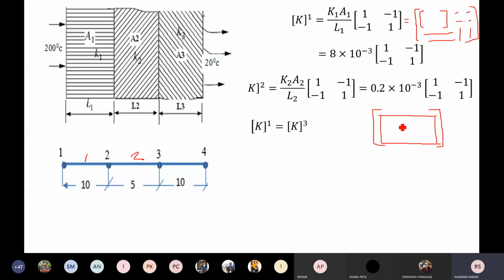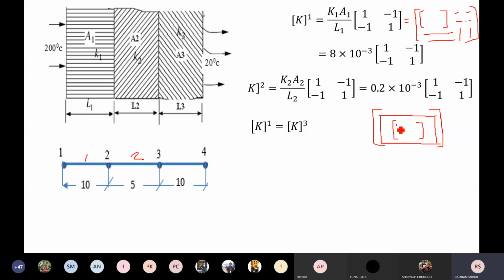Okay, and the non-zero terms in the continuity matrix are only at 2 2, 2 3, because node number 2 is connected to element 2, and the third node is also connected to element number 2. Here 3 2 and 3 3 are non-zero.